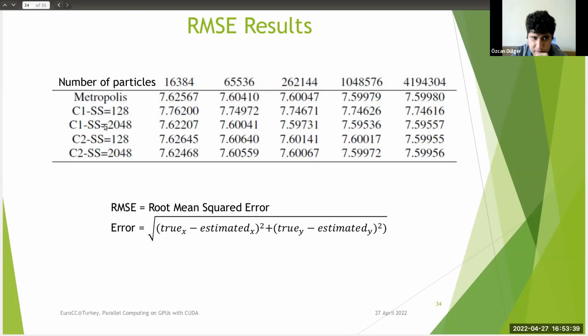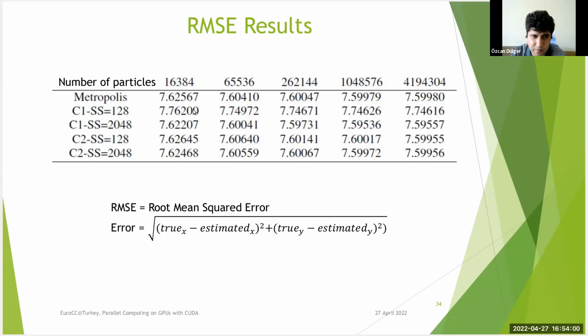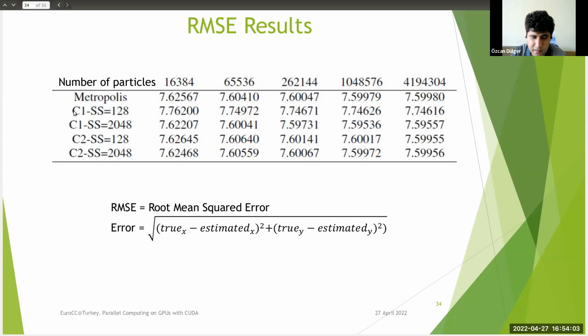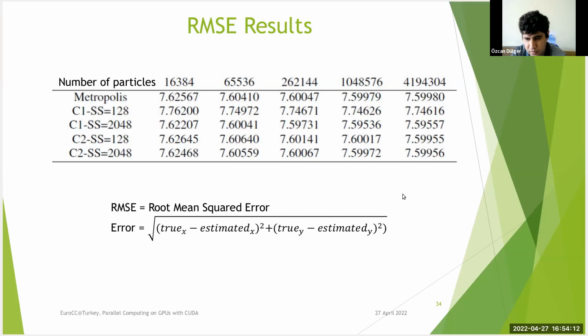C1 with S segment size 2048 achieves a similar root mean square error, but the error of C1 with S segment size 128 is a little bit worse than the other ones. But it's not a substantial difference for tracking applications, so this is also an acceptable result for us. So we can choose one of them. Of course, it is better to choose the fastest one.